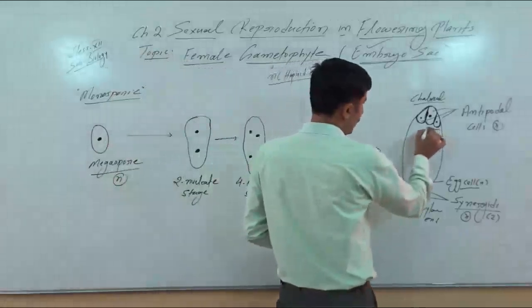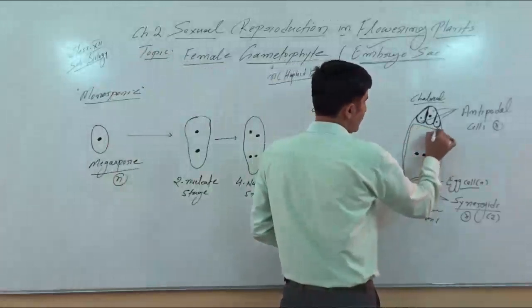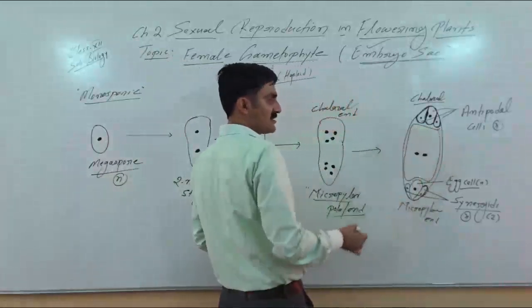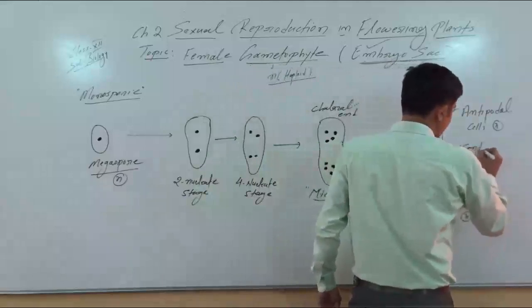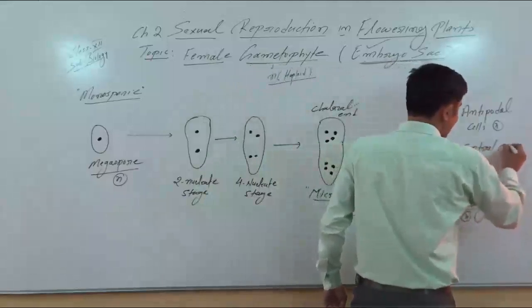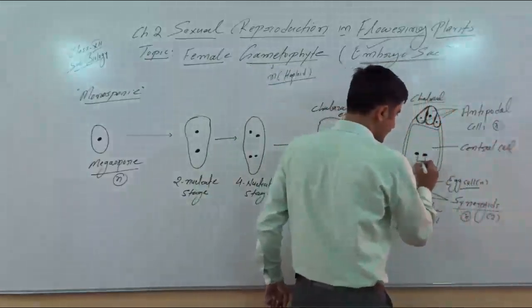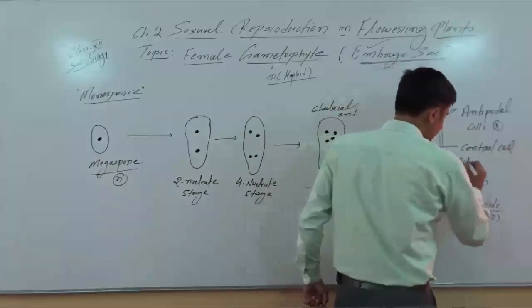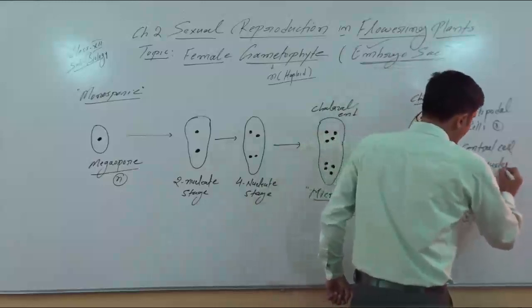Now we can notice here this cell which is present in the center, larger in size, this cell is called central cell, and these two separate nucleus are called polar nuclei.